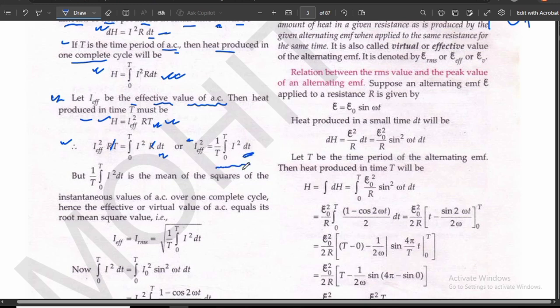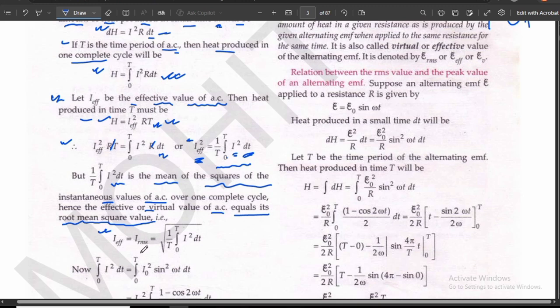This term, 1 by T integration 0 to T I square dt, is the mean of the squares of the instantaneous value of AC, the mean of the square of the instantaneous value of AC current over one complete cycle, obviously 0 to T. Hence the effective or virtual value of AC equals its root mean square value, that is I effective equals root under this term.